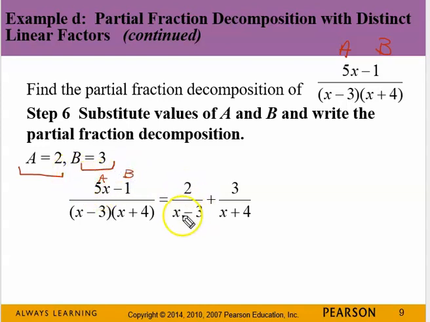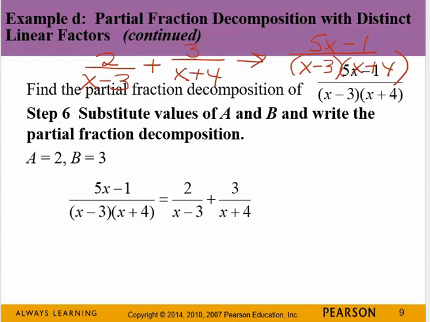So our a is 2 now, and our b is 3. Now, what I'm going to do is go to the whiteboard and prove that this is in fact the answer. And before I go to the whiteboard, I just want you to see what I'm copying down. That is, this is going to be equal to this. Okay, let's go to the whiteboard.